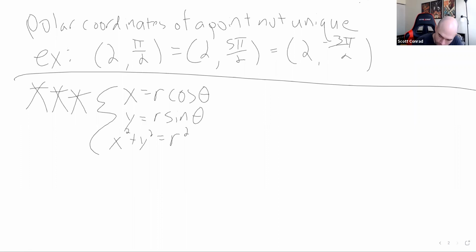But we also have the relationship y over x is tan theta whenever x is non-zero.